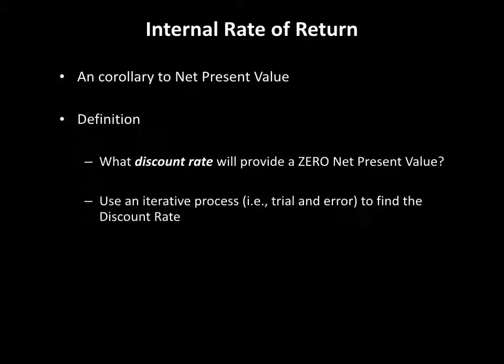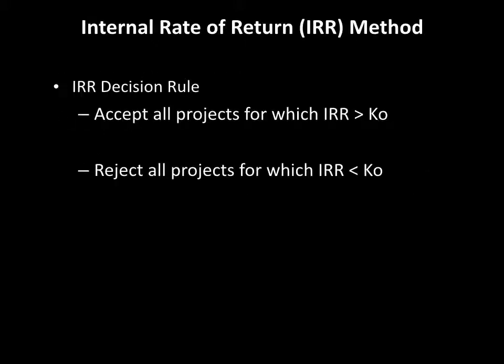This is an iterative process, which is basically trial and error. When you get the discount rate that gives you the zero net present value, that's your internal rate of return. In other words, it's the average annual return on your investment for that particular capital budgeting project.